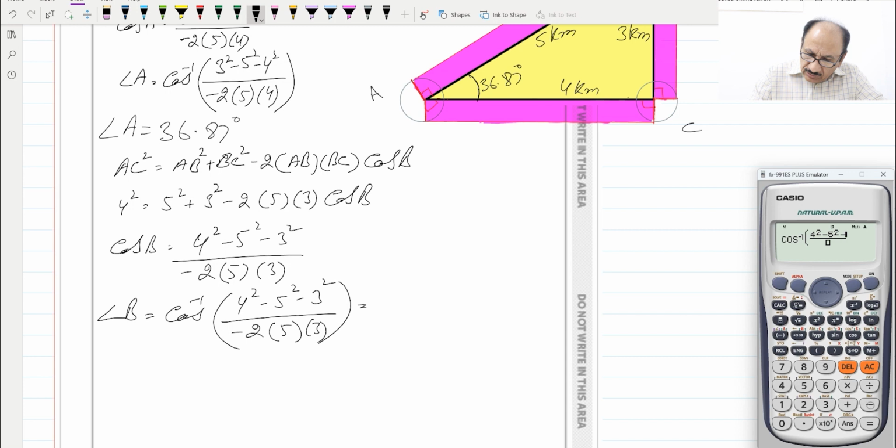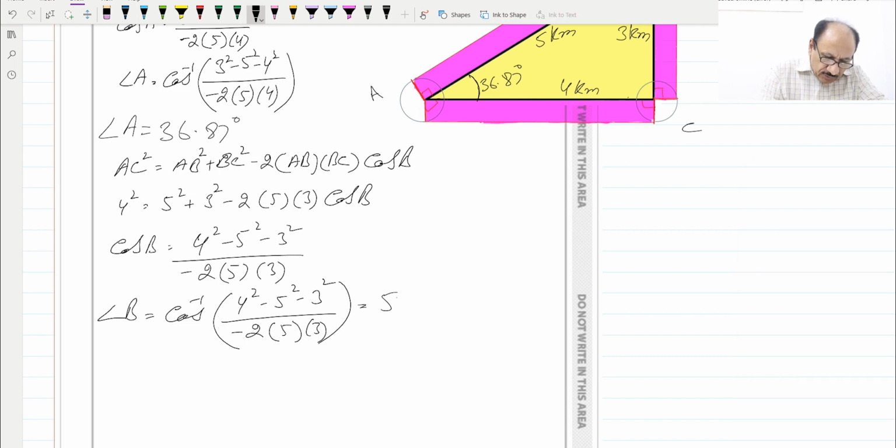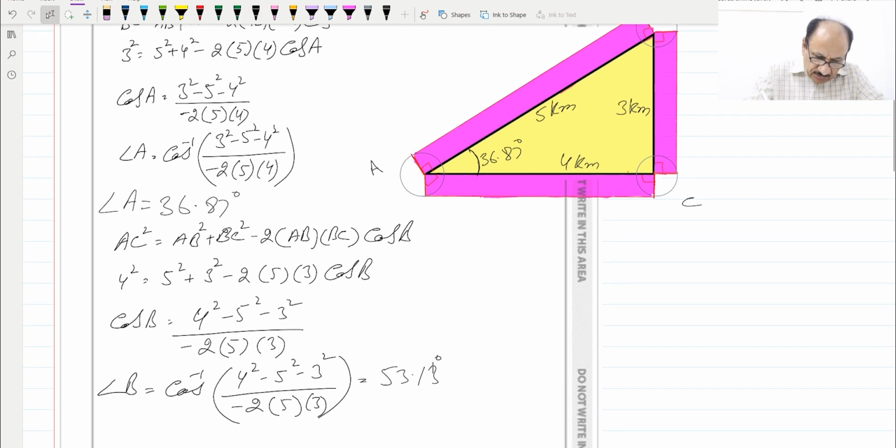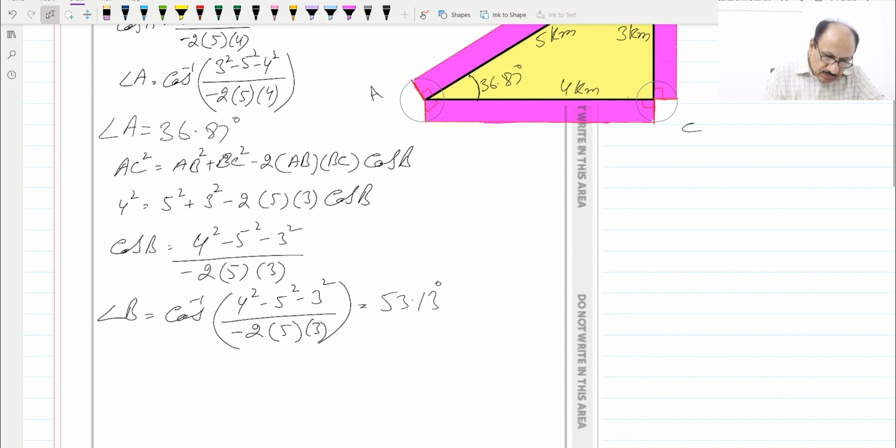So 5 square minus 3 square divided by minus 2 into 5 into 3 is equal to 53.13, and we can label this angle 53.13 degrees. And if we want to find the third angle, angle C will be equal to 180 minus. If we have two interior angles of a triangle, we can subtract their sum from 180 to get the third angle.